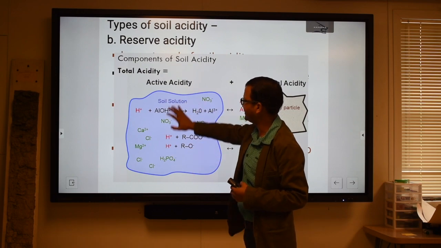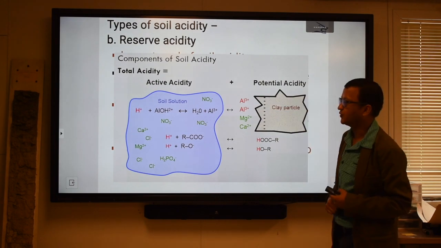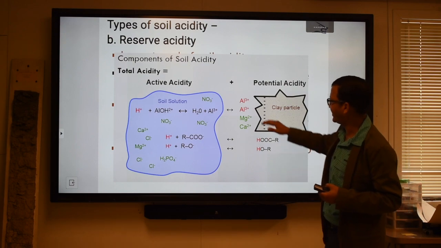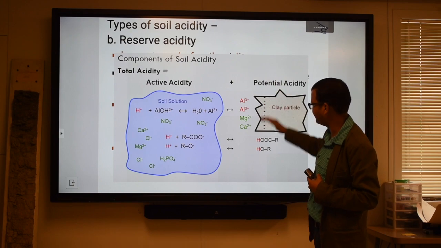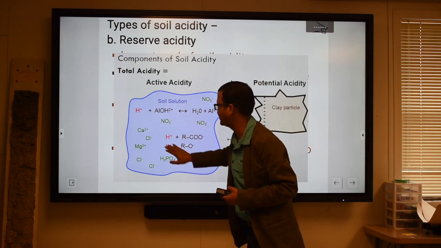What we are doing is measuring the hydrogen ions present in the soil solution. So we are not measuring the potentiality of acidity addition because of the aluminum or iron type of acidic cations present in the soil. We are only measuring the hydrogen ions in the soil solution.